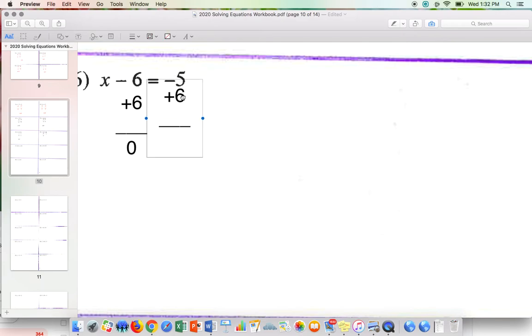Okay, calculators needed on this one. Minus 5 plus 6 equals 1. It's a hard one, guys. Make sure you use your calculator for that.